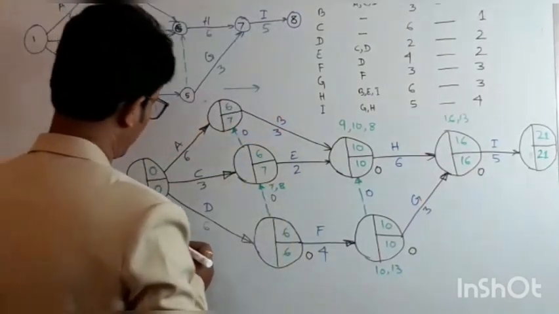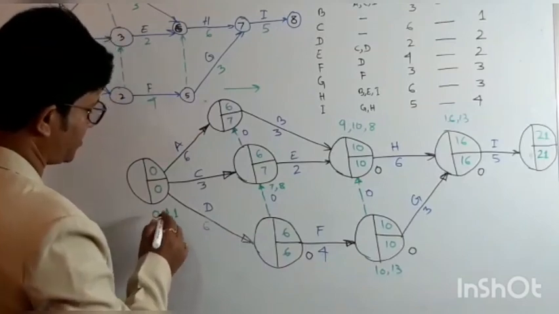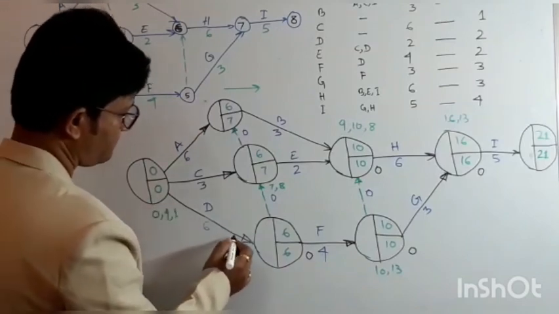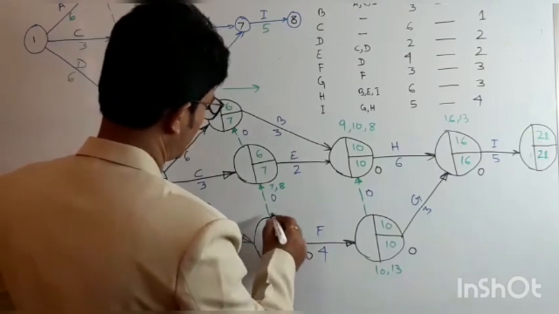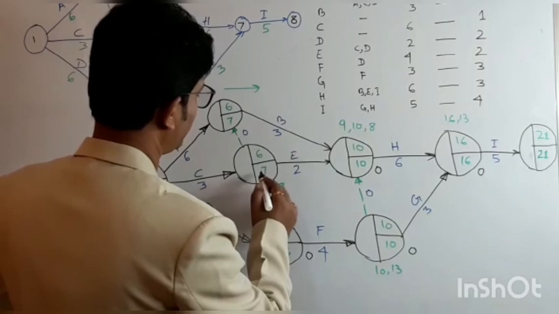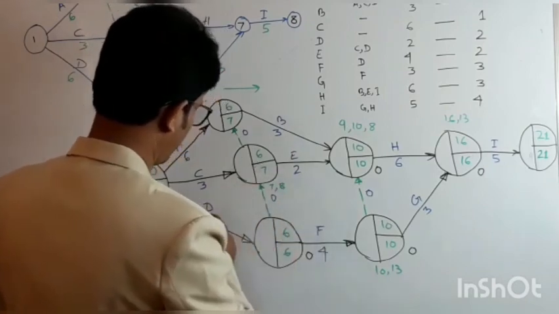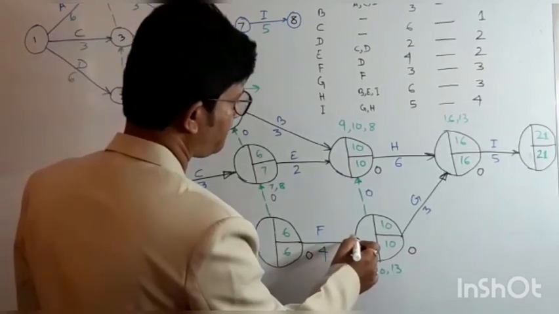So the activities for the critical path, maybe this is D, a dummy activity, that is D, we can say this is DF.